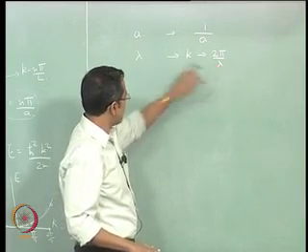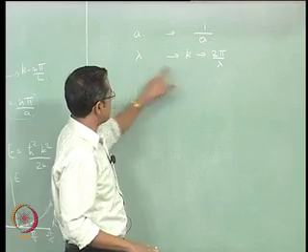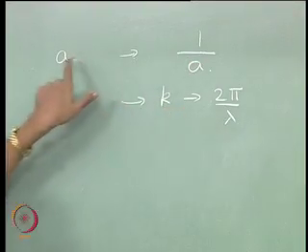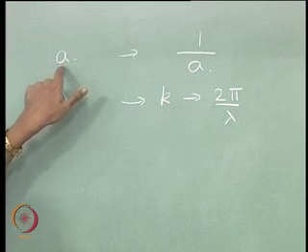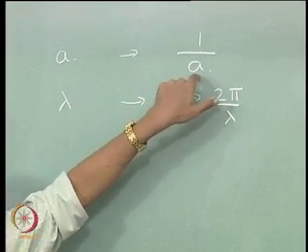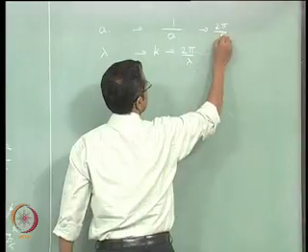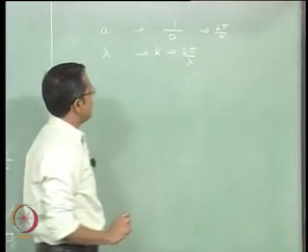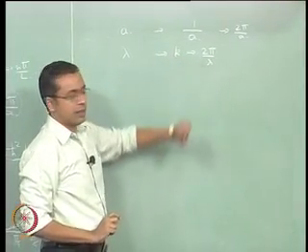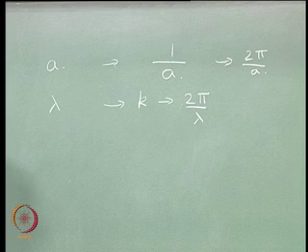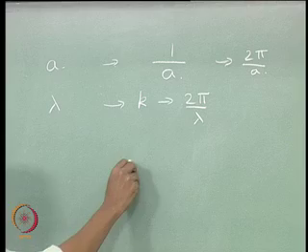So something that is lambda in real space is represented as 2 pi by lambda in k space. In the same way, what is A should not simply be represented as 1 by A, it should actually be represented as 2 pi by A. Only then can we compare the information that we are looking at. Keeping that in mind, we will now draw the diagram.